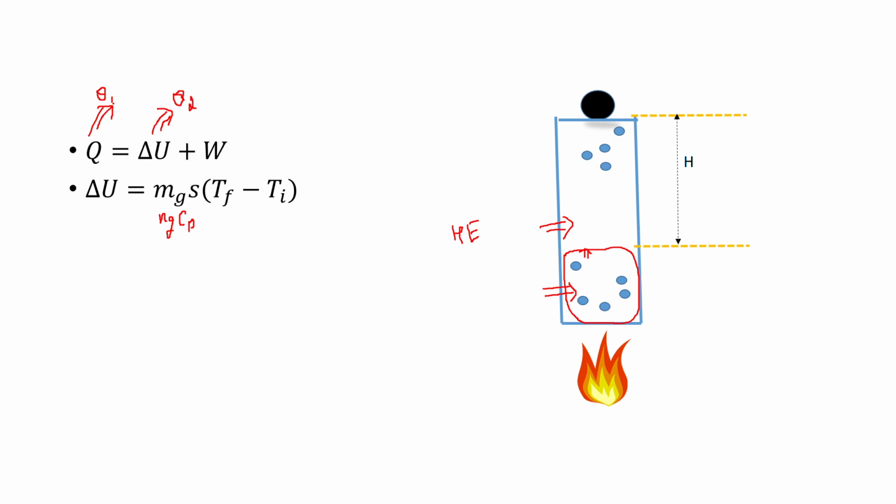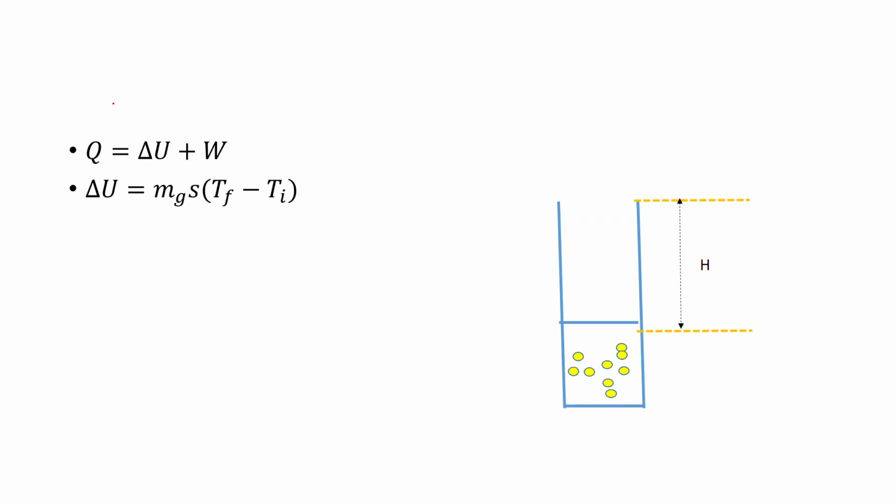Suppose we want to repeat the process once again. So the piston will move down, the gases will come to their initial state, and when they come to the initial state, this energy which was gained by the gas to increase its internal energy has to be rejected to the environment, and this value is Q2, which is mass into specific heat into the rise in temperature, which was initially risen to the final temperature Tf.